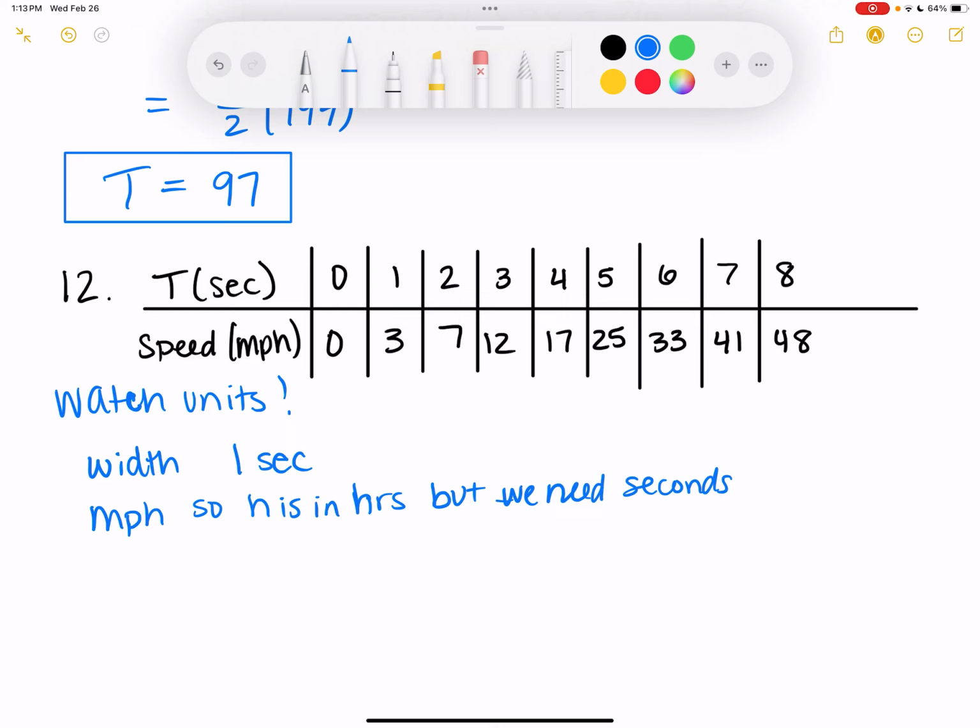How many seconds are in an hour? 3,600. 3,600 seconds in an hour. So that means that h is 1 over 3,600.